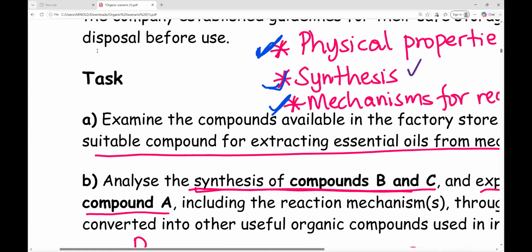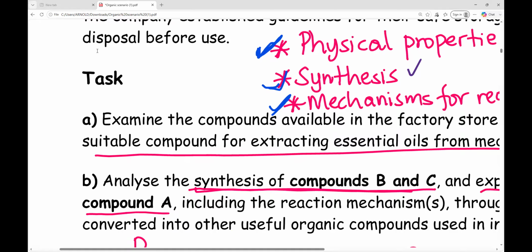And currently, just as I have said for physical properties, they require you to explain 2 or 3 physical properties. Currently, you never know, this information keeps on updating. At the end of the year, your teacher can tell you 4 properties. Don't say, they told us this.